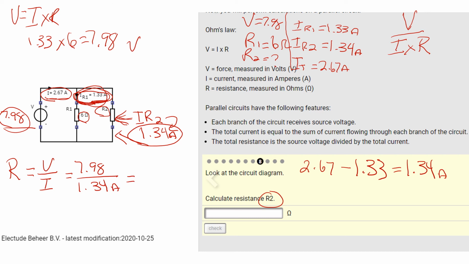If I calculate that, I should get 5.96 ohms of resistance through R2, which is really close to R1. If I look at my current through R1, it's 1.33, and the current through R2 is 1.34, which is almost identical. So that makes sense that the resistance will be very close as well. That's how I do that question.